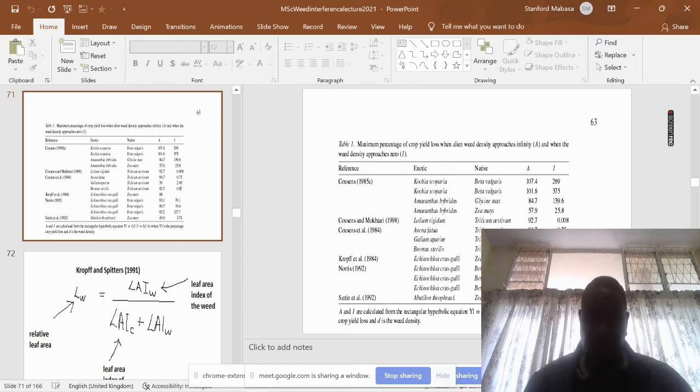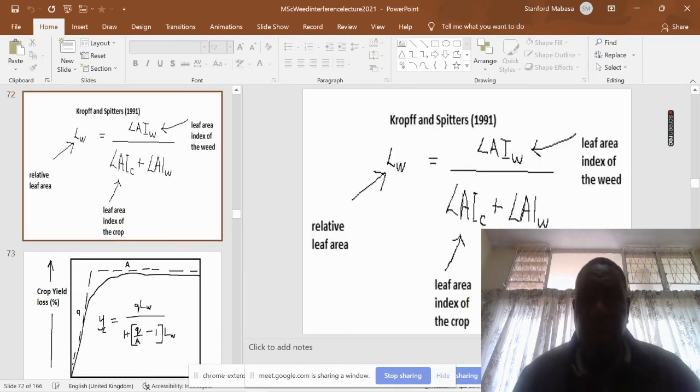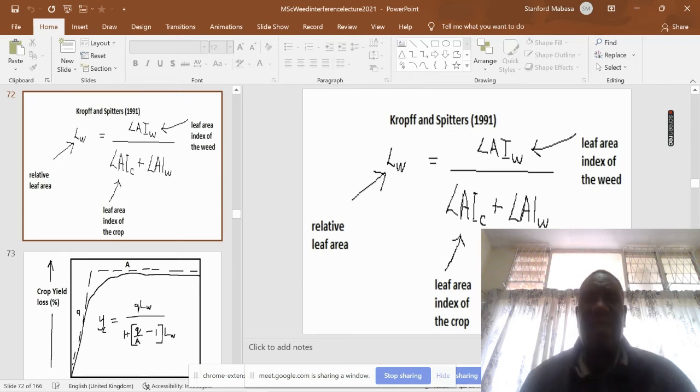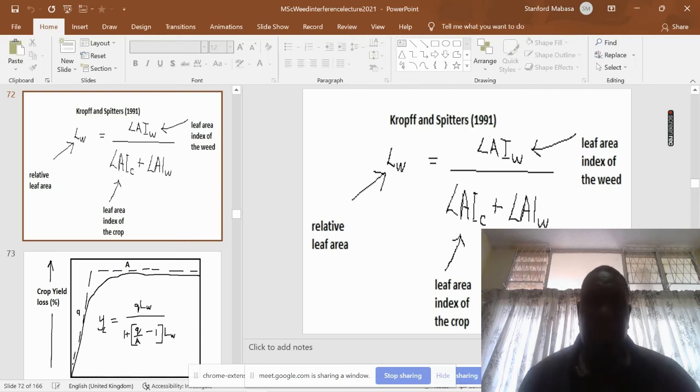So Cousens and Spitters thought probably the best approach could be: don't worry about different weeds. Just focus on leaf area index of the weed. So they came up with what is known as the relative leaf area.